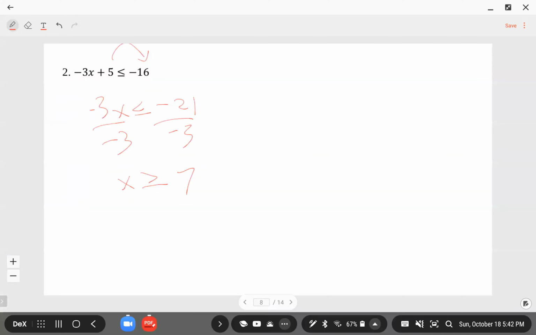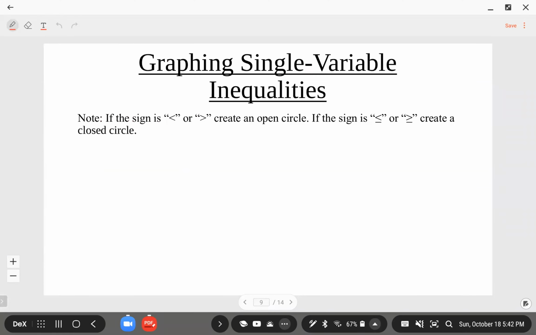So let's move on. Now we are going to be graphing single variable inequalities. I'll explain more on this. So x equals 2. This is an algebraic equation. This is most likely the solution of an algebraic equation. And usually with algebraic equations and algebraic inequalities, you can graph them.